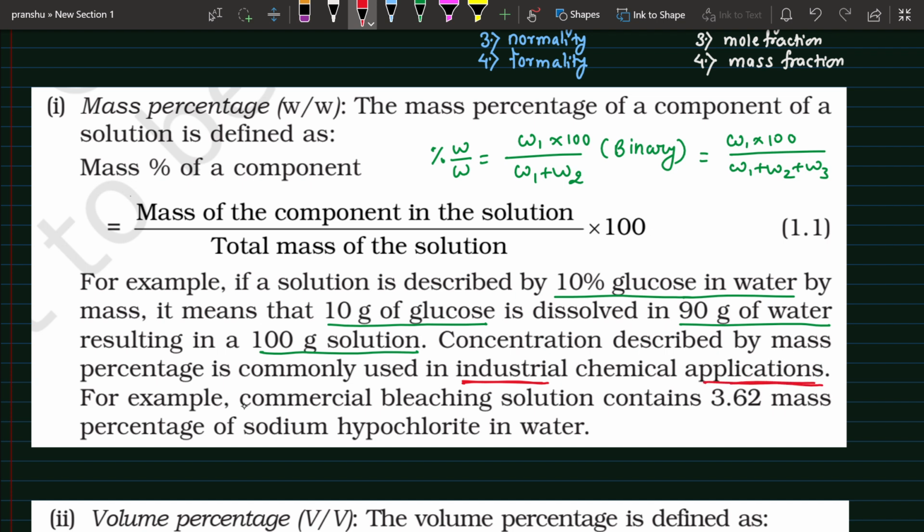For example, commercial bleaching powder, CaOCl2. Commercial bleaching solution contains 3.62 mass percent of sodium hypochlorite in water.